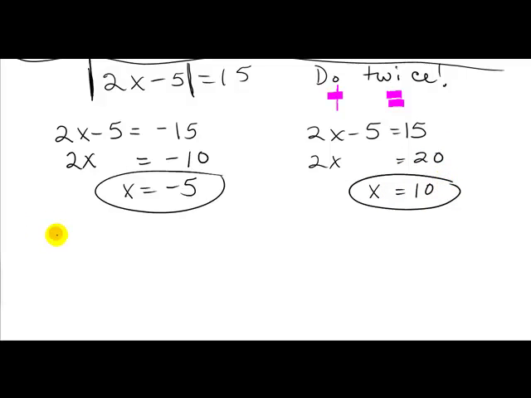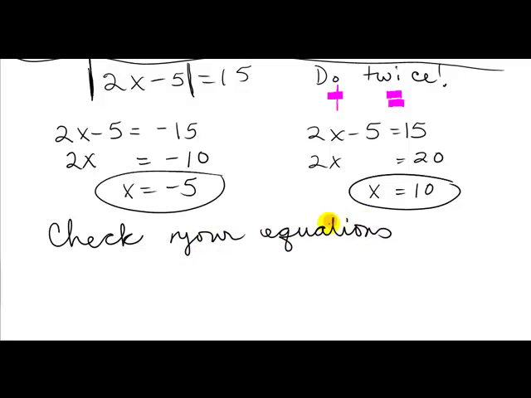Now, always with equations, check your equations. This is going to be extremely important for your test. So when we're checking, we want to start with our original equation. And so I have the absolute value of 2x minus 5 equals 15.